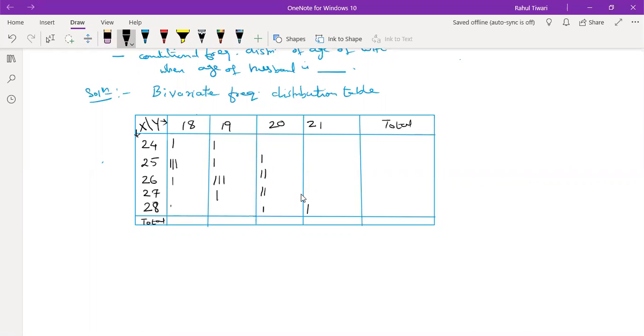Here we have 1, 1. This is dash, this is dash, this is dash. So here we have 1, here we have 3, here we have 1. Similarly 1, 1, 2, 1, 1, 2, 2, 1, 1, 1.